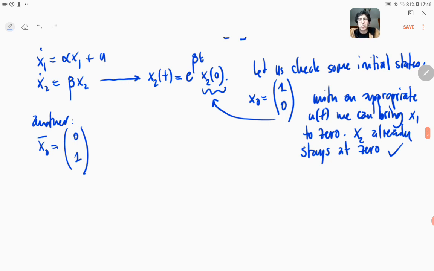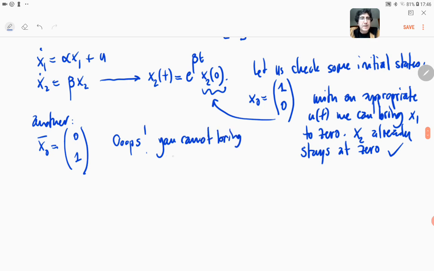But what about x2? Now with x2, in fact, you cannot bring x2 to 0. For example, if beta is larger than 1, from the initial state x2 at 0, x2 will just grow to infinity.